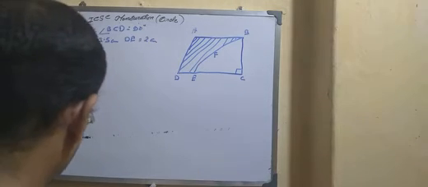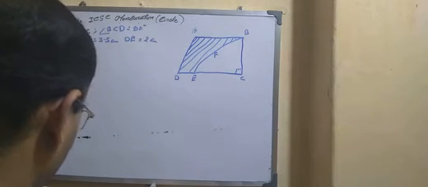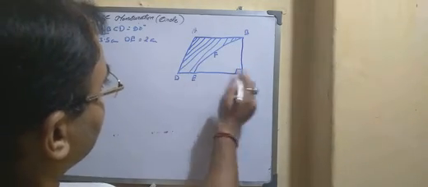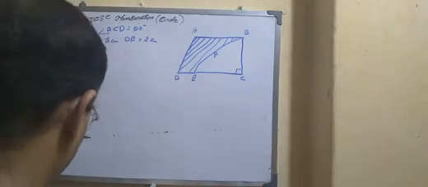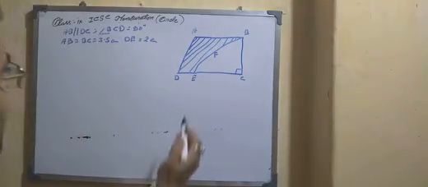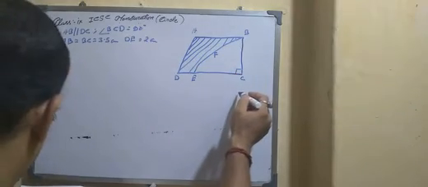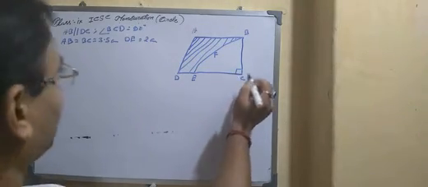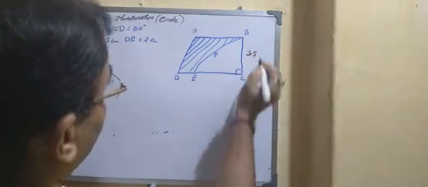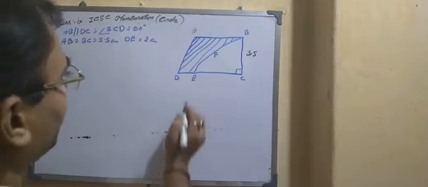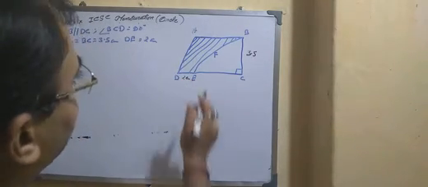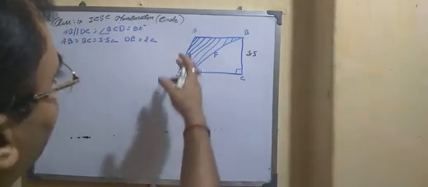A quarter circle BFEC is cut out. Given AB equal to BC equal to 3.5 centimeter, DE equal to 2 centimeter. Calculate the area of the remaining portion, that means the area of the shaded portion.